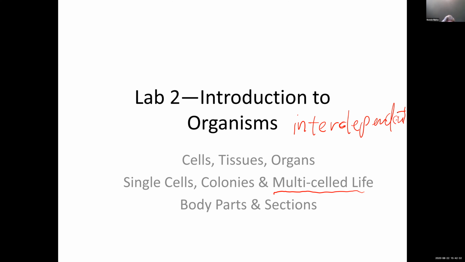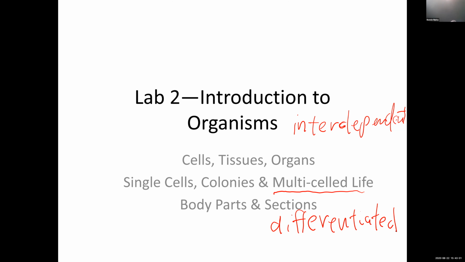And the other characteristic of multi-celled life that's important is that the cells are of different kinds. And so the cells are differentiated. So for example, we have epithelial cells that are inside of our cheek and our mouth that are flat.